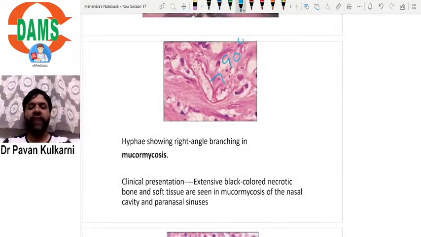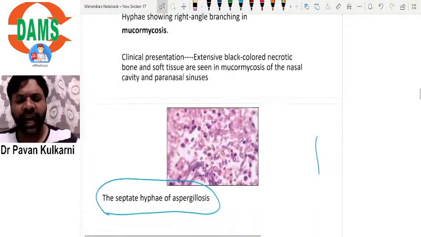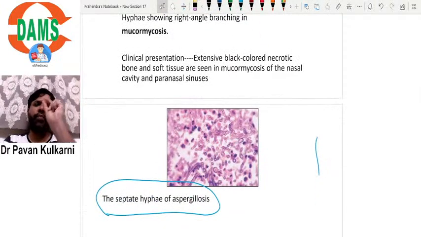What is the size of the hyphae here? They are very large, ribbon like. Whereas the hyphae in aspergillosis are very small. So we should be able to identify differences in the image: one is the size, one is whether it is septated or non-septated, and one more is branching.